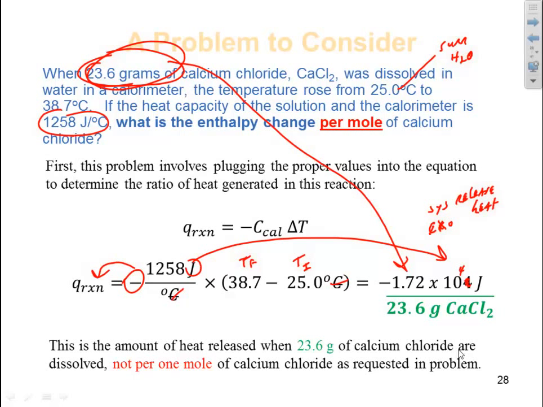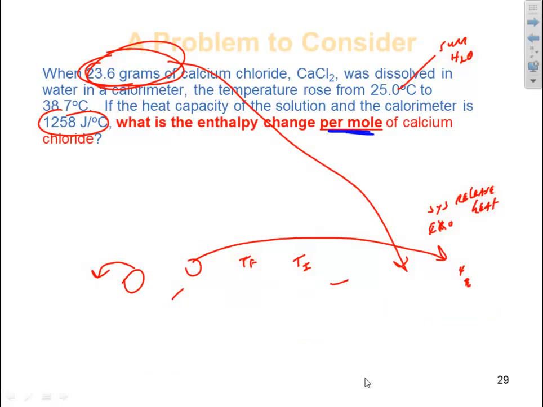This particular problem, we're not looking for that. We're looking per mole, so I'm going to have to convert grams into moles. So this is the amount of heat released when 23.6 grams of calcium chloride are dissolved, not per 1 mole of calcium chloride as requested in the problem, so we're going to have to account for that.